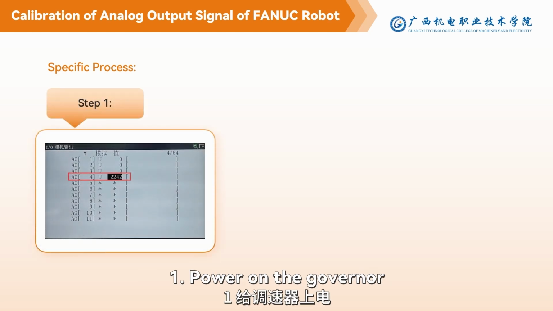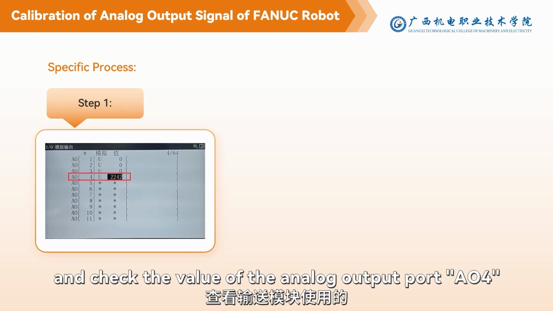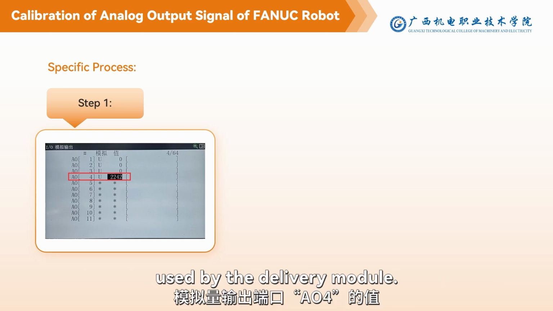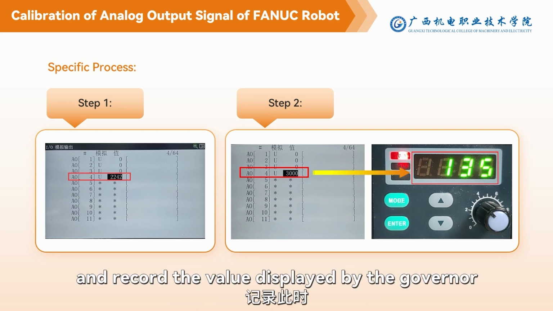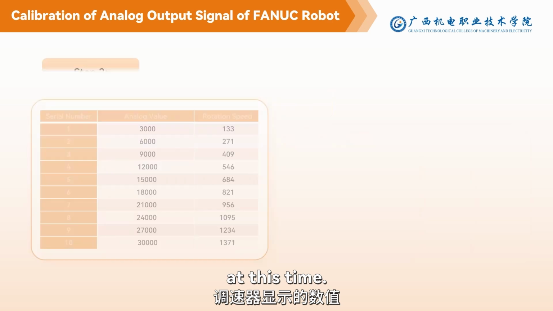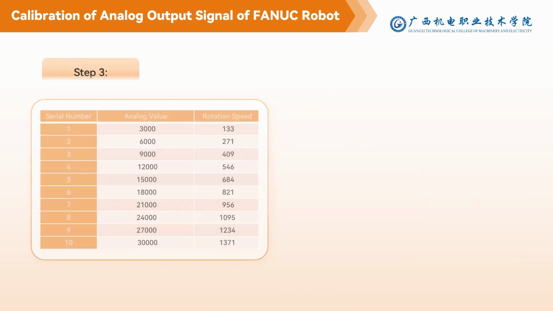1. Power on the governor and check the value of the analog output port AO4 used by the selected model. 2. Set the value of AO4 to 3000 and record the value displayed by the governor at this time. 3.